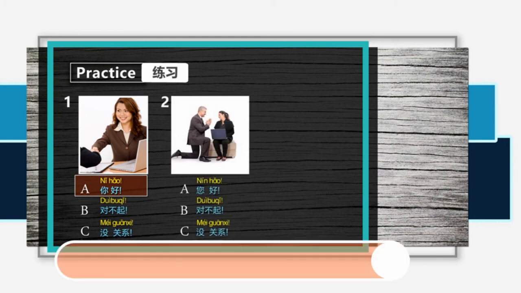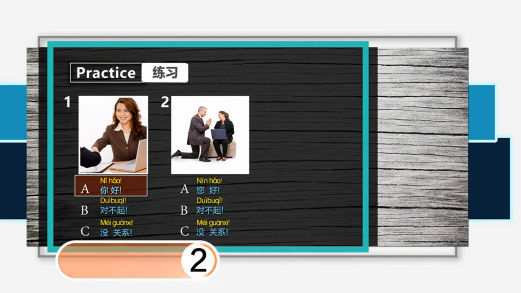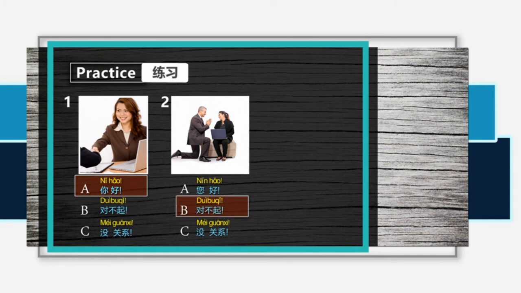What should the man say? Yes, the answer is B. 对不起. And what should the woman say? Yes, the answer is C. 没关系.